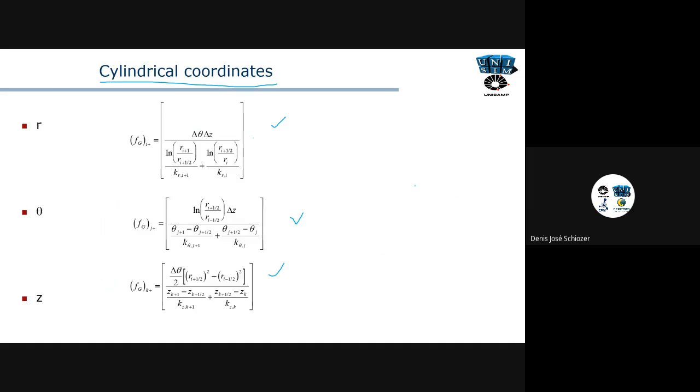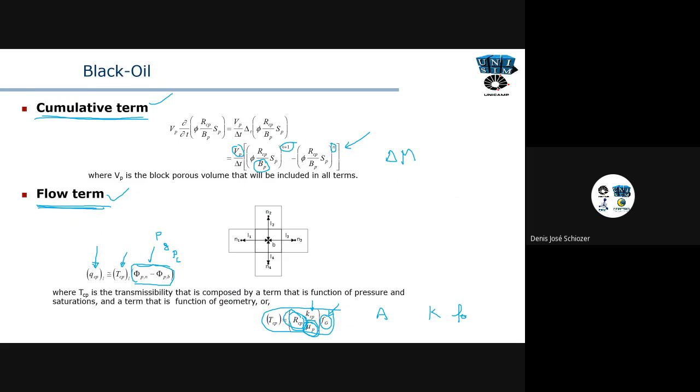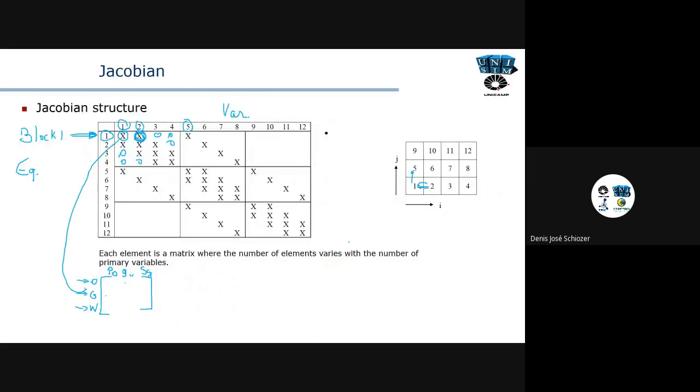And as we have seen, the amount of water and oil and gas that's going inside the block is proportional to the potential of the two blocks, the block N and the neighbor blocks. So if block 1 is a neighbor of block 2, the variables in block 2 will influence the mass balance equations in block 1. That's why we have this second term here.